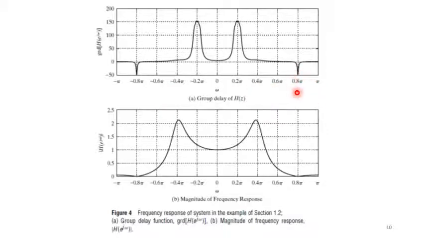You can see there is a decrease here, and again a decrease here. So we have positive group delay everywhere except at these two points. We have peaks in these regions.